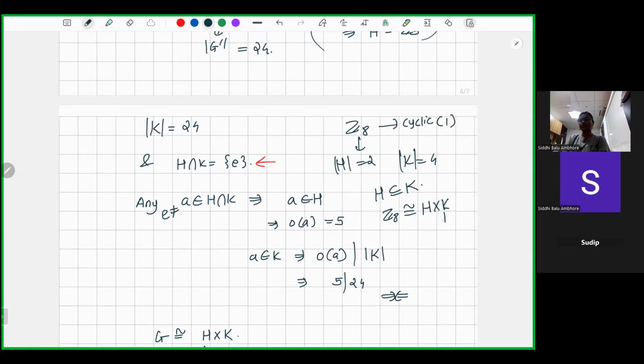But this won't be cyclic, because any element in H will have order 2 and any element in K will have order 4. So this can never be isomorphic to Z8.